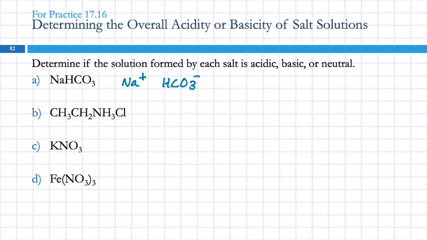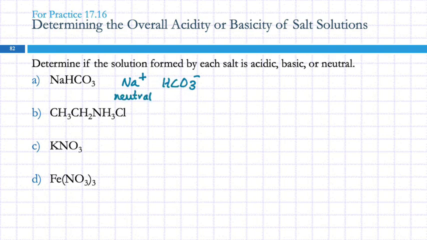And then I'm going to look to see what their partners are, or their conjugates. I can't write a conjugate for sodium. And that tells me, well, is this part of a weak base, a strong base? NaOH. Yeah, that's a strong base. So this isn't going to do anything. That one's going to be neutral.